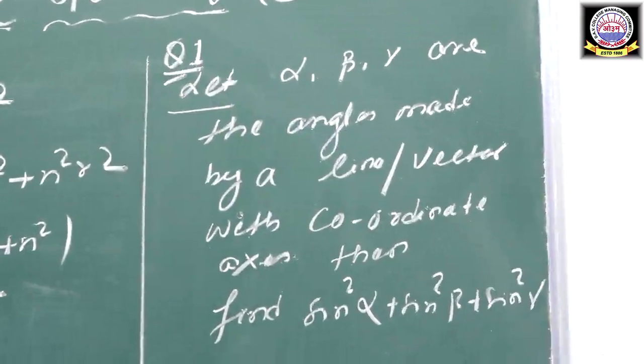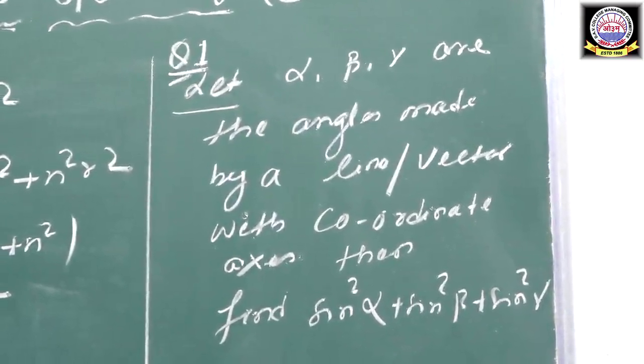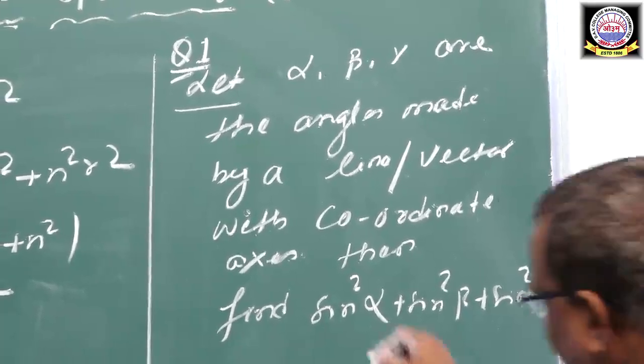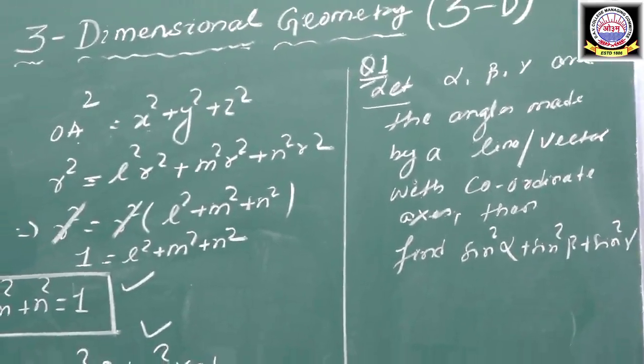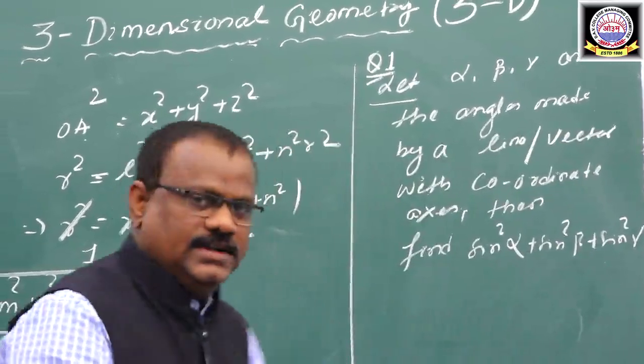Let alpha, beta, gamma be the angles made by a line or vector with the coordinate axis. Then find the value of sin square alpha plus sin square beta plus sin square gamma. Very easy. You can get the answer from here directly.